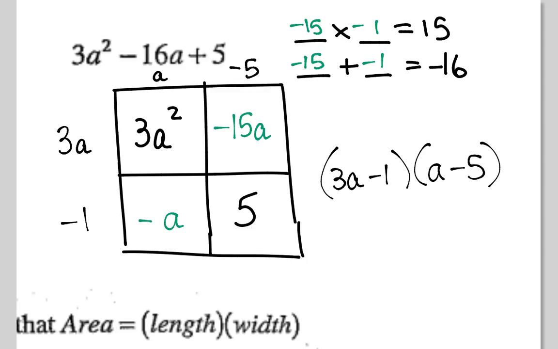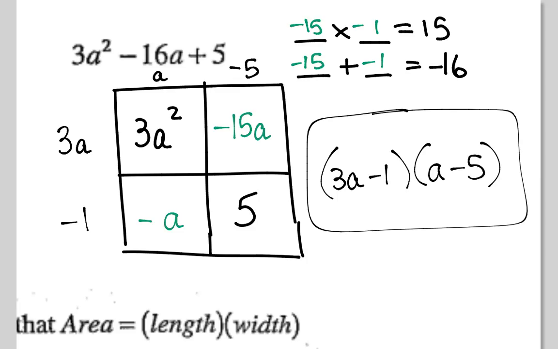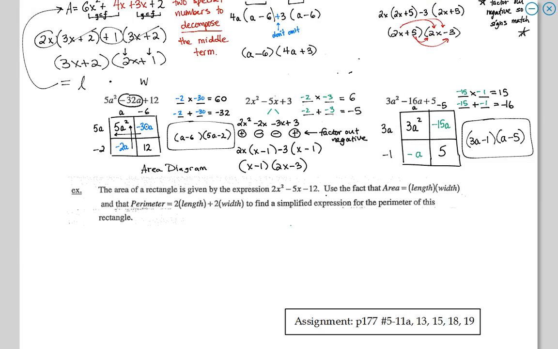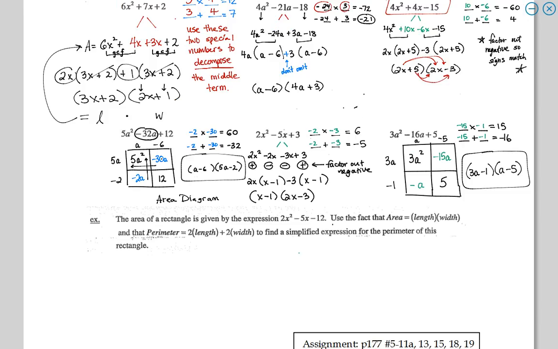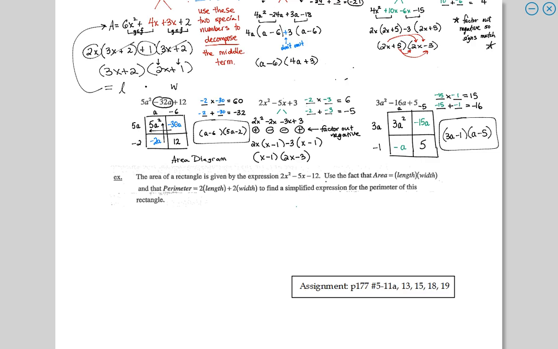Whoa. Okay, so choose a method that you like and get good at it. We'll leave this problem for the end. This problem. So let's get a head start on this homework here.